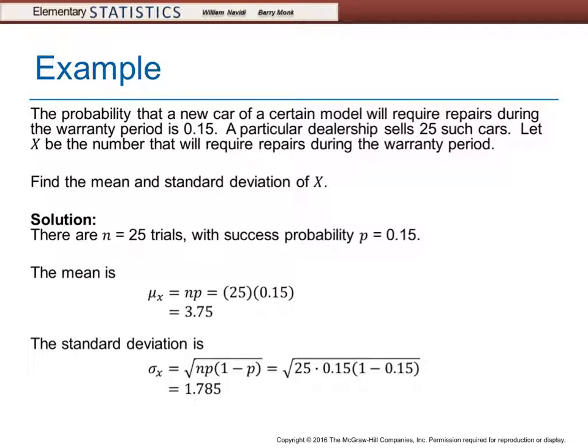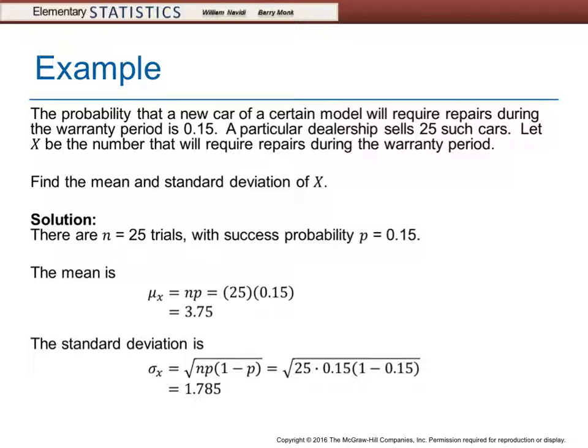So here's a calculation for a particular problem using the binomial. The probability that a new car of a certain model will require repairs during the warranty period is 0.15, or 15%. A particular dealership sells 25 such cars. Let X be the number that will require repairs during the warranty period.